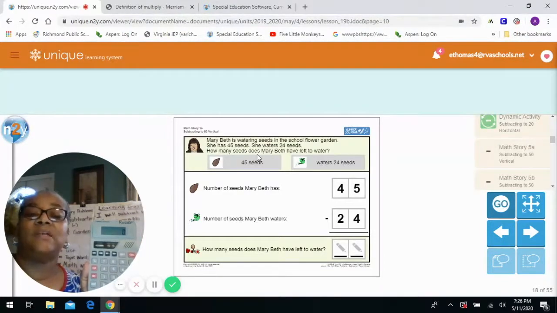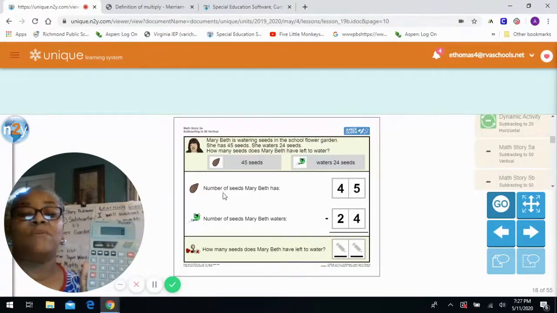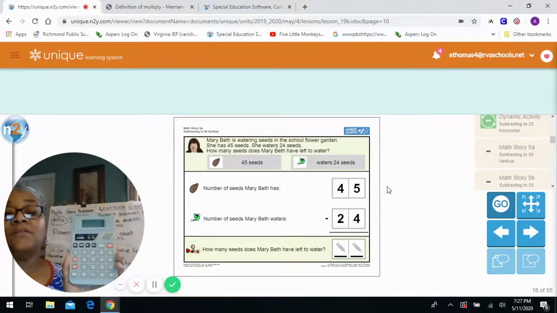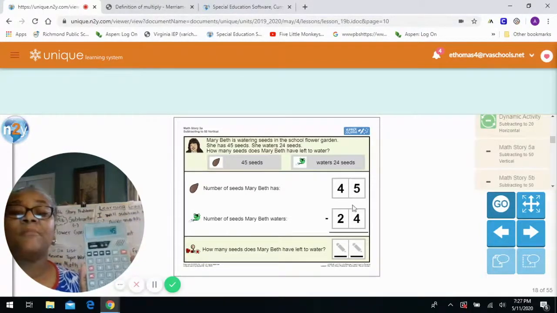How many seeds does Mary Beth have left to water? 45 seeds. So remember, we put in the top number. With subtraction, you have to make sure you put in the largest number first. So we have 45. Put the top number in.